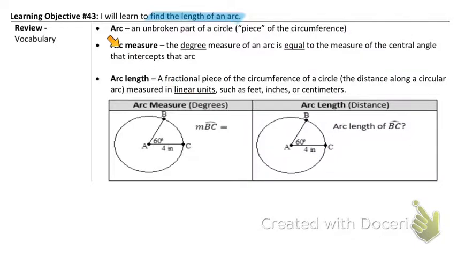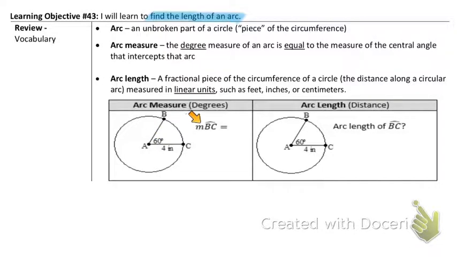Now, there are two measures we have to be comfortable with. One of the measures is called arc measure. We've been dealing with arc measure the last couple of days. The arc measure is always in degrees. If you look at this example of how we find the arc measure, the arc measure is equal to the central angle.